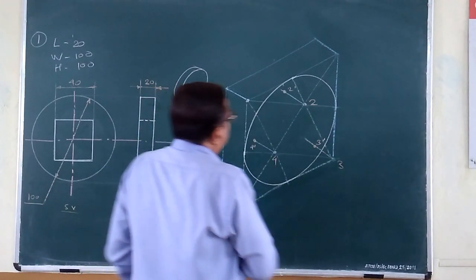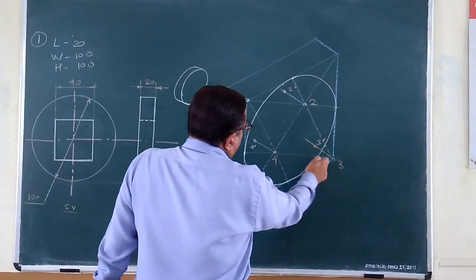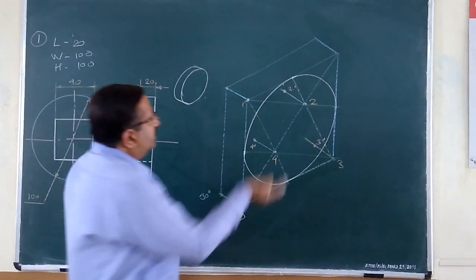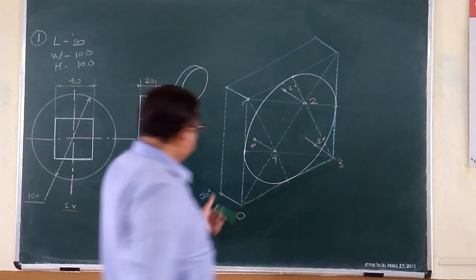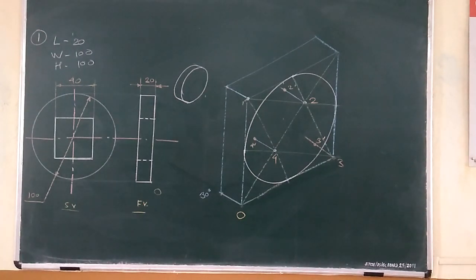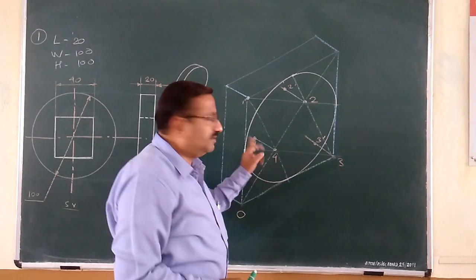Sorry, not 1, but 3, 4 and 2. These 3 centers, 2, 3 and 4, you have to transfer towards left 30 by the thickness of the plate. So the new center positions for the rear ellipse are 2 dash, 3 dash and 4 dash.